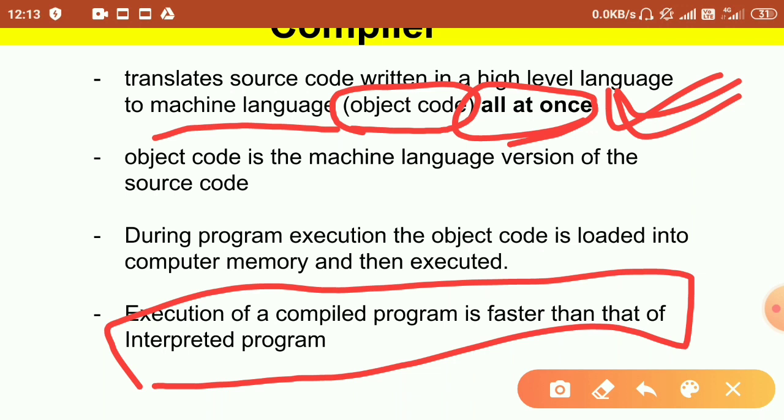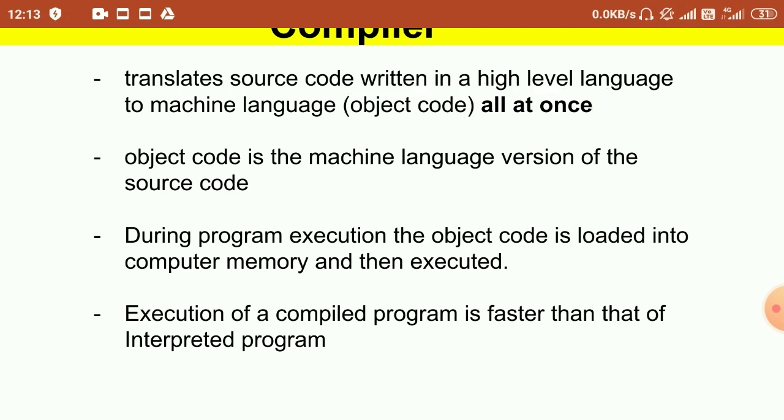It just goes on executing the instructions line by line, because all the instructions are ready in the form of zeros and ones to be executed. So the CPU does not have to wait. But in the case of interpreter, let's see the next point in the next slide.